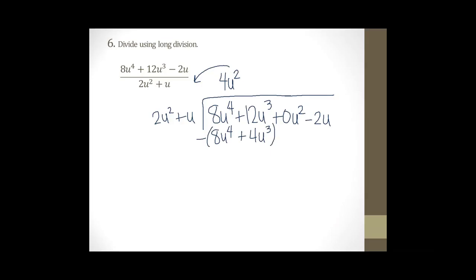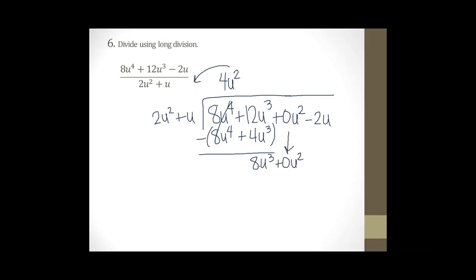So 8u to the 4th minus 8u to the 4th cancels out. 12u cubed minus 4u cubed is 8u cubed. And then we're going to bring down the plus 0u squared.